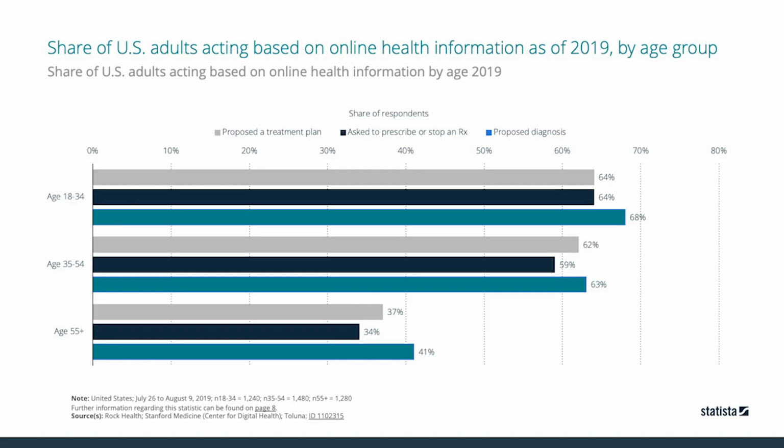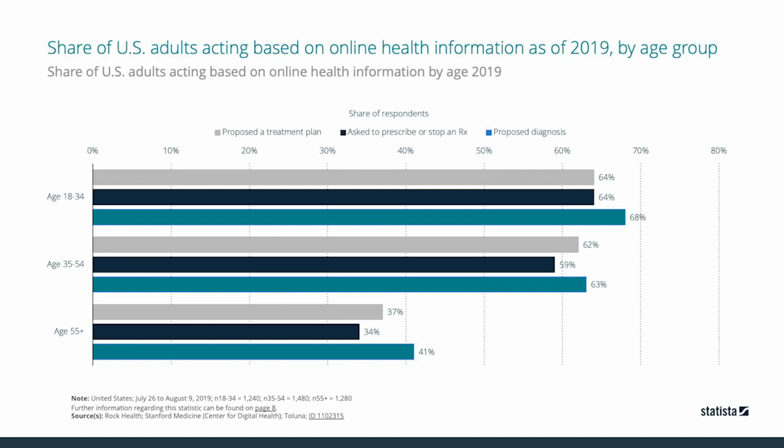When we dig into it, a more recent study shows that adults act based on health information they find online. This is a graph that does it based on age groups. These are the numbers that show, for instance, the difference between proposing a treatment plan to your doctor based on what you found online, asking for prescriptions based on what you've seen online, or proposing a diagnosis.